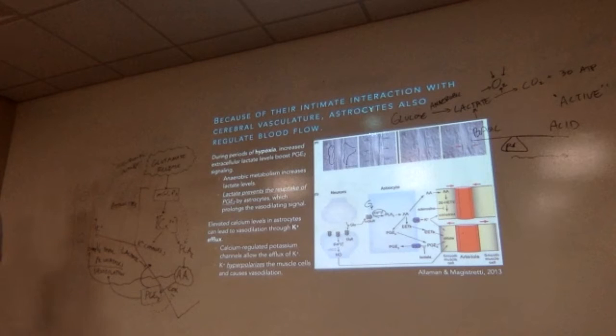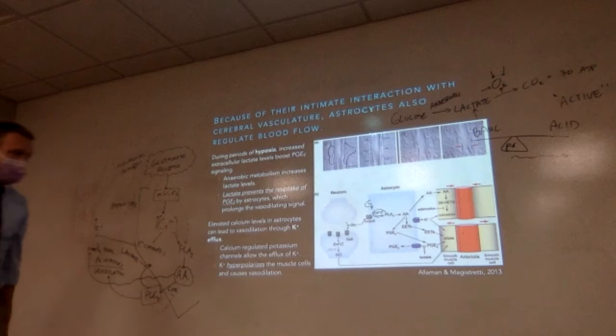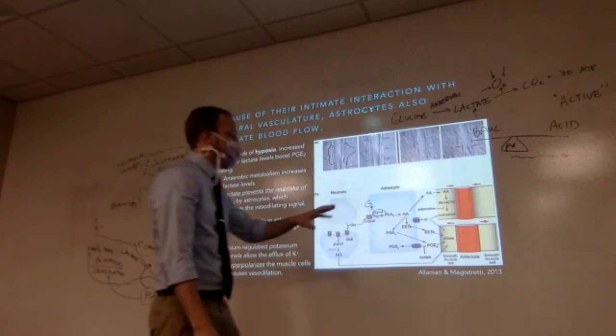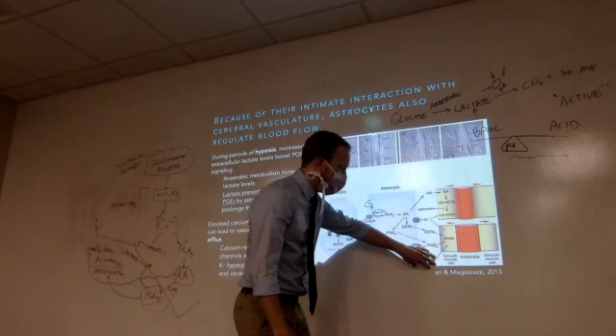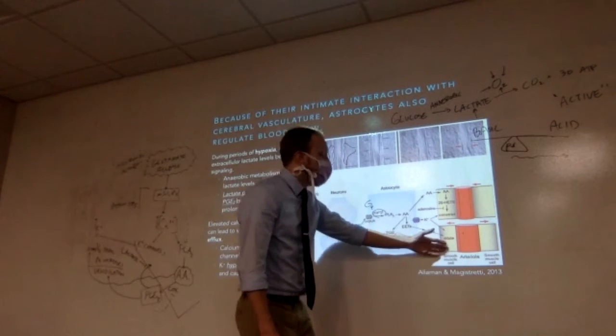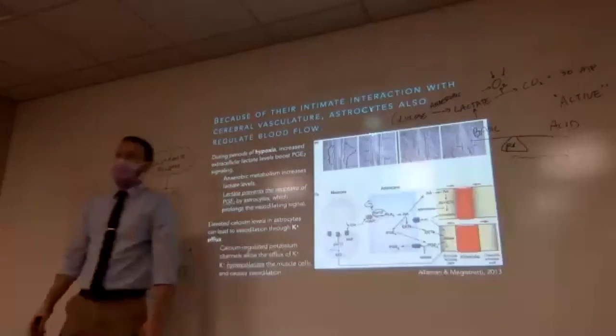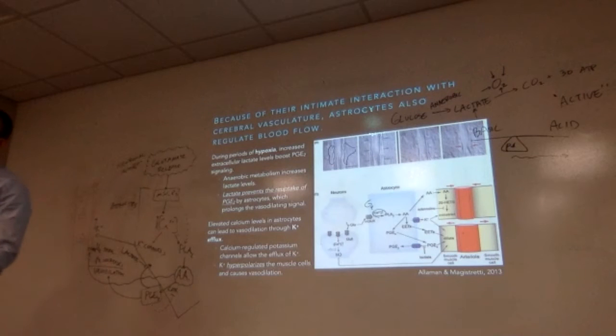Those levels increase, we bias ourselves toward vasodilation. We can more rapidly eliminate prostaglandin signaling whenever we have sufficient oxygen. If there's enough oxygen around, we're breaking down our lactate. Lactate levels are kept low. Then we can pick up that extracellular prostaglandin, and we don't get quite as much vasodilation.